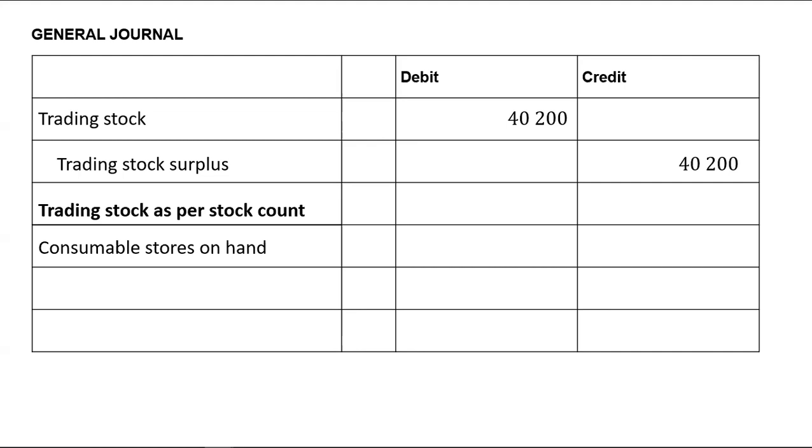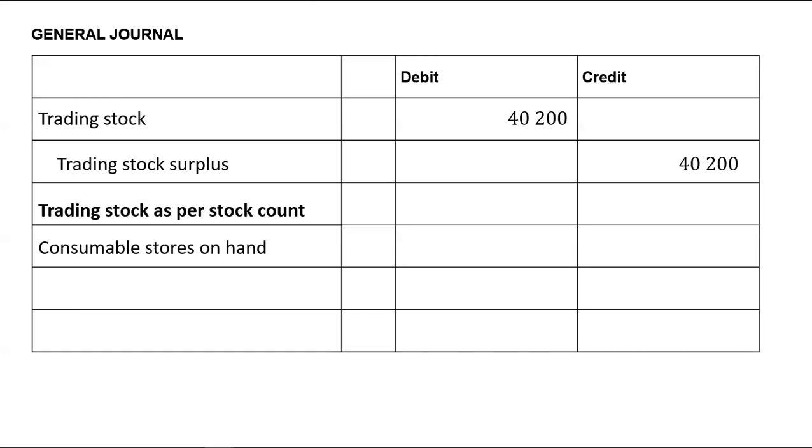In total, stationery available to be used is the one that we had from last year and the one that we purchased in the current year. The one that we had from last year is under the financial position section in the pre-adjustment trial balance, and it was 7,460. The net purchases of stationery for the current year is the one given under the nominal accounts section, which was 12,540.